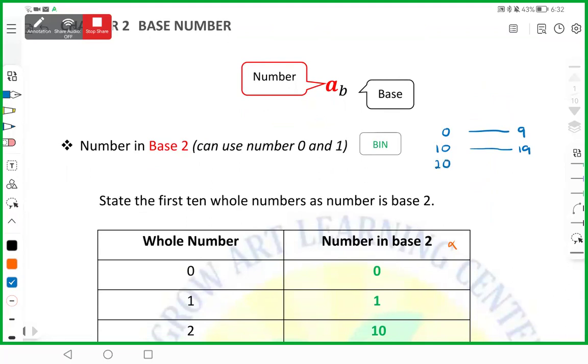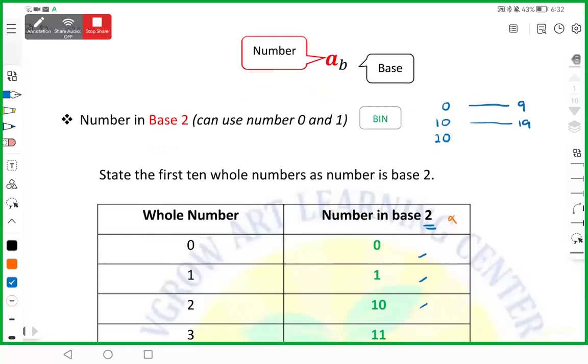So for numbers in base 2, after 0 is 1. After 1 is 1, 0. I do not read it as 10 because it's not 10. It's 1, 0. So what is the next number? Can you guess? 1, 1. All right. Then the next one, we cannot write 2.